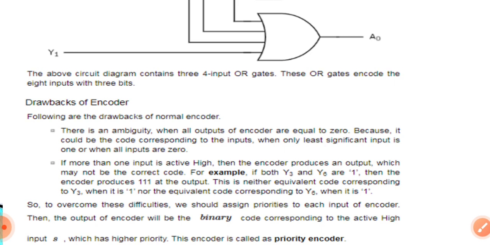If more than one input is active high, then the encoder produces an output which may not be the correct code. For example, if Y3 and Y6 are 1, then the encoder produces the 111 output. This is neither equivalent to the code corresponding to Y3 nor to Y6.